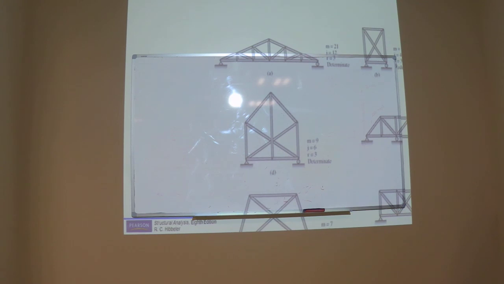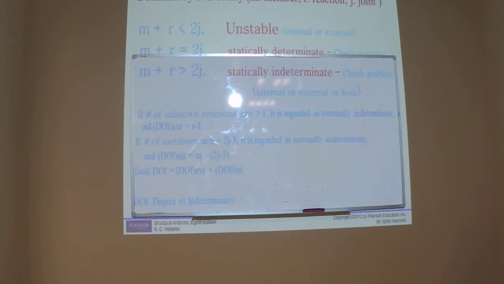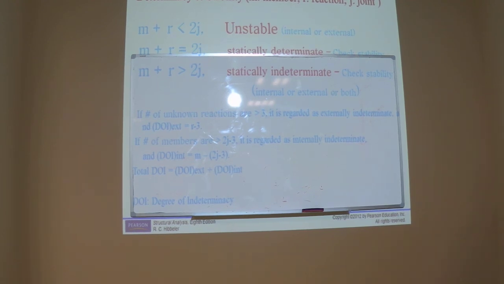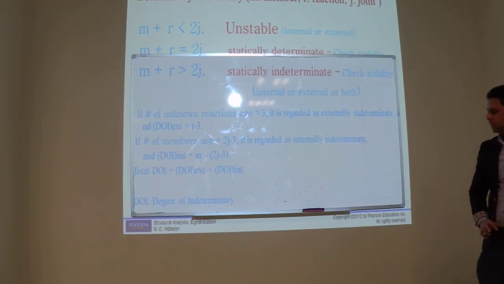M is the number of members. R is the reaction. And J is the joints. Now in the case of trusses, we have two types.